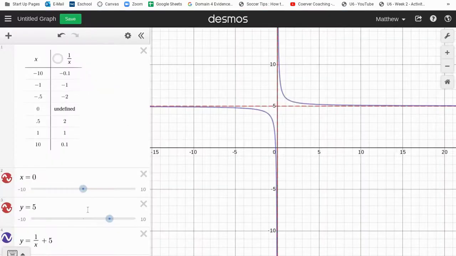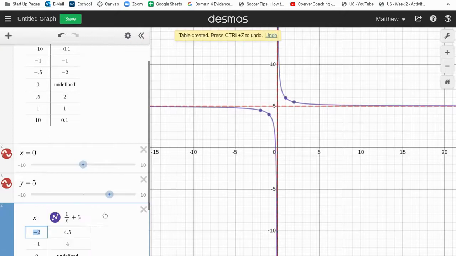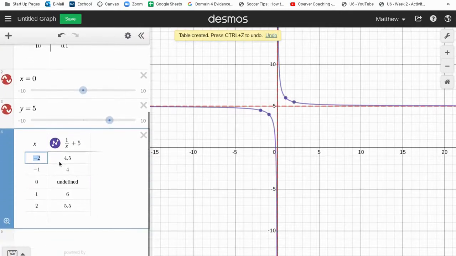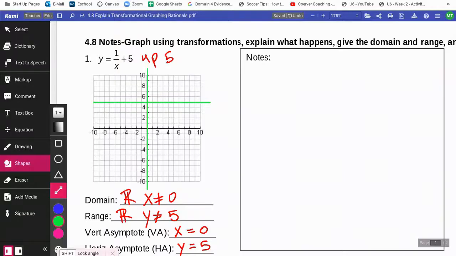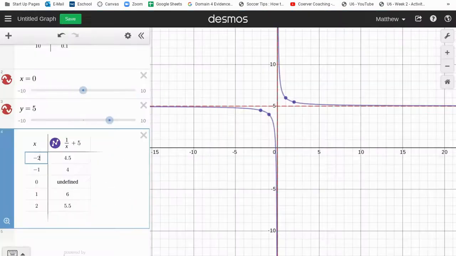And then now I can use Desmos. Click there, get the cog, go to a table, and really I just need a few points. So -1, 4 is good. So I'll come back over here and do -1, 4. Really I just need like 1 point because I know kind of what it should look like, right?